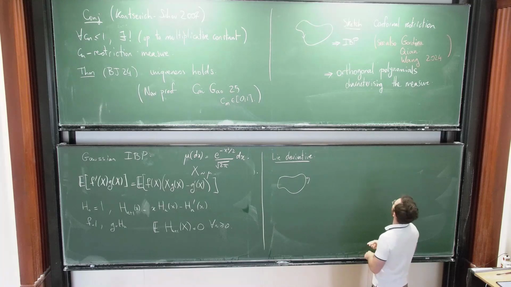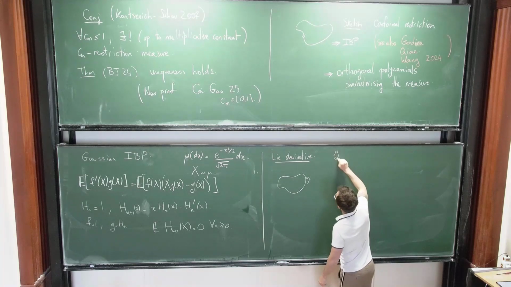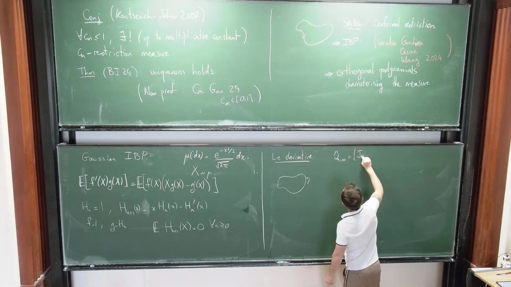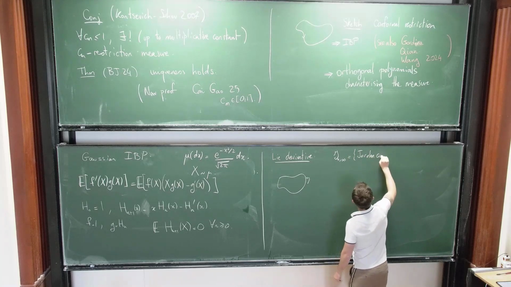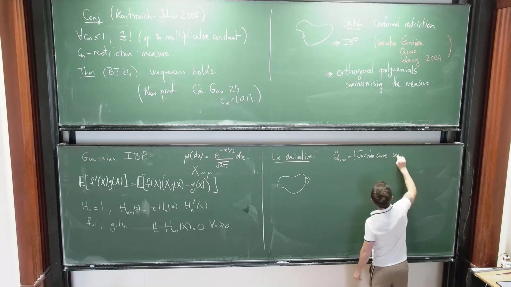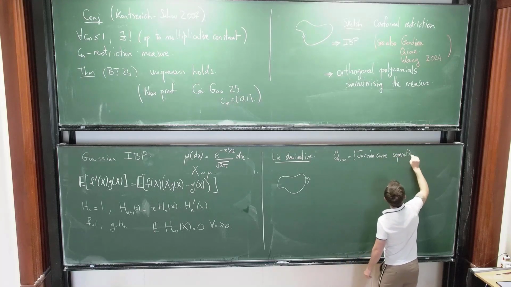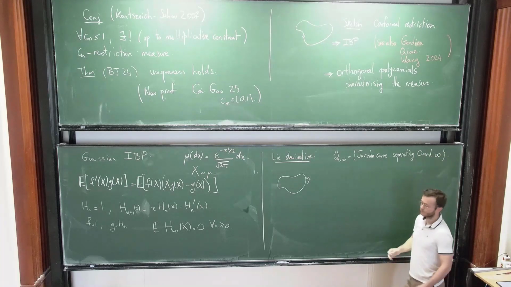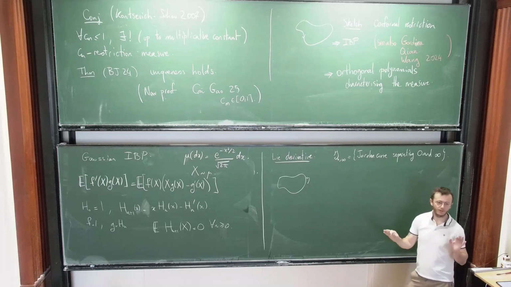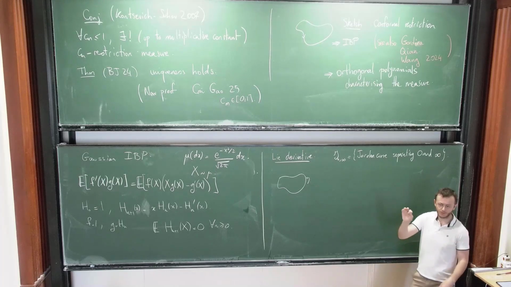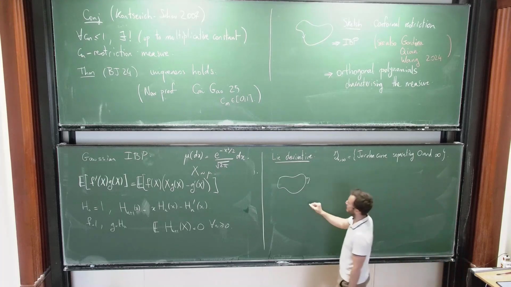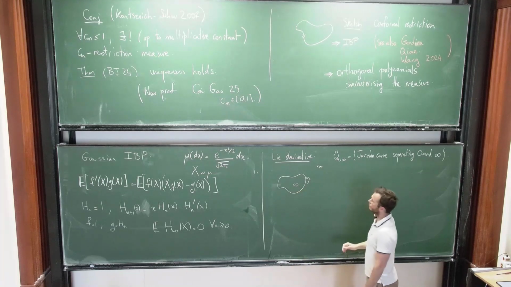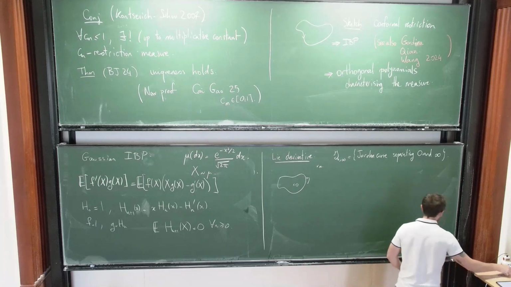I'm always going to restrict myself now to the Jordan curves separating 0 and infinity. So I'm fixing two marked points, 0 and infinity, and I'm simply asking that my curve separates these two points. Here I have 0, and here I have infinity. And I want to perturb this curve slightly.